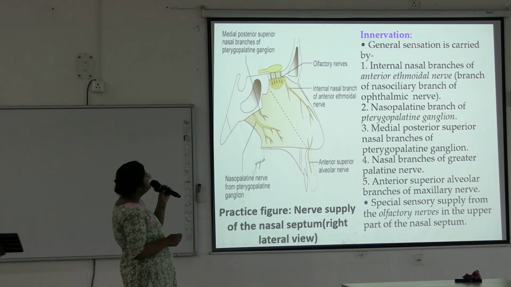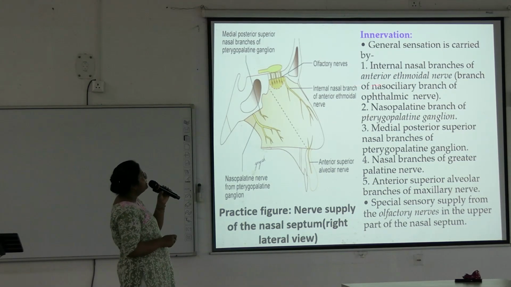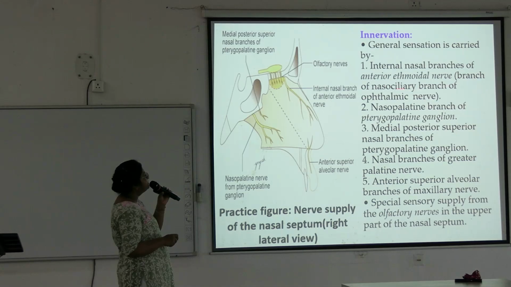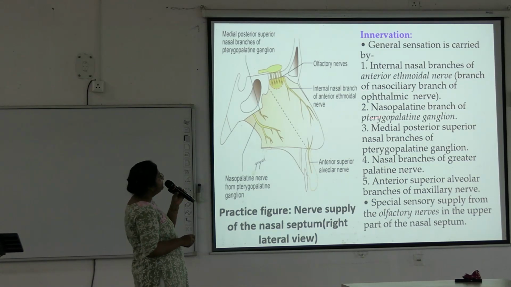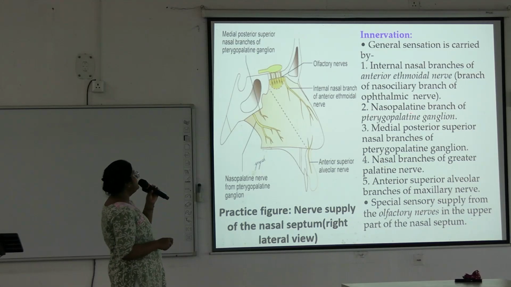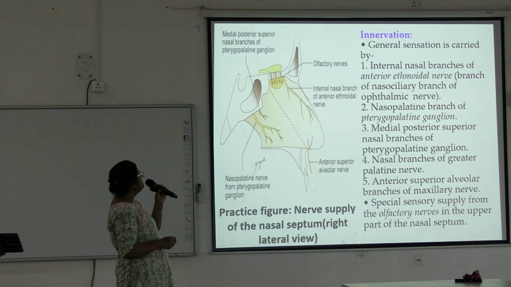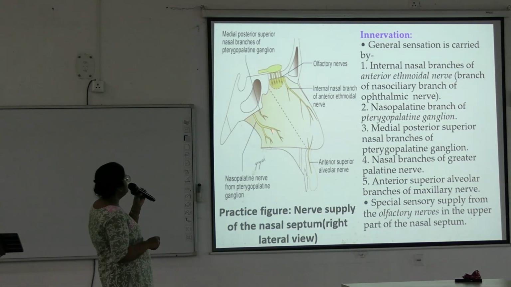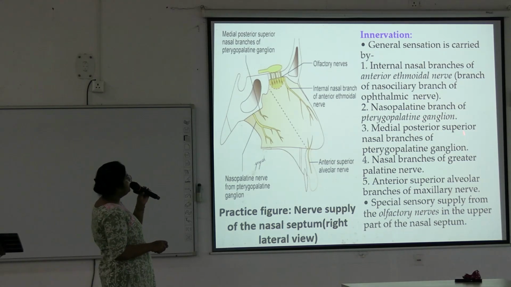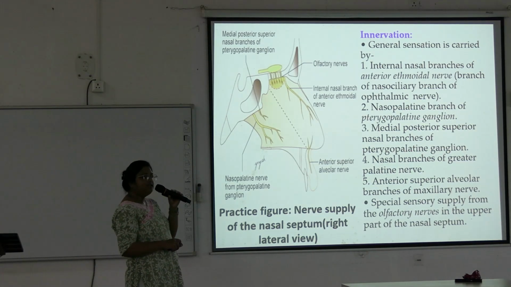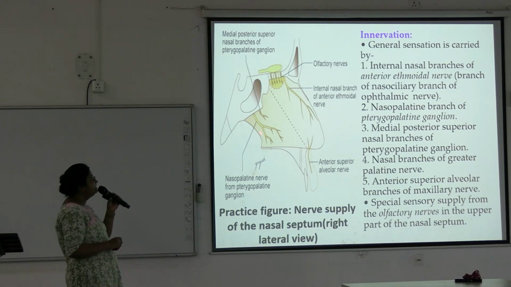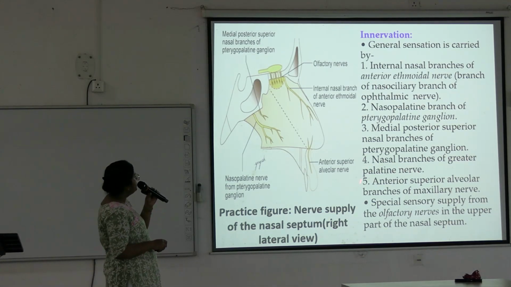General sensation is carried by internal nasal branches of the anterior ethmoidal nerve, which is a branch of the nasociliary nerve, a branch of the ophthalmic nerve. Next is the nasopalatine branch of the pterygopalatine ganglion, and the medial posterior superior nasal branch of the pterygopalatine ganglion, and the nasal branch of the greater palatine nerve.